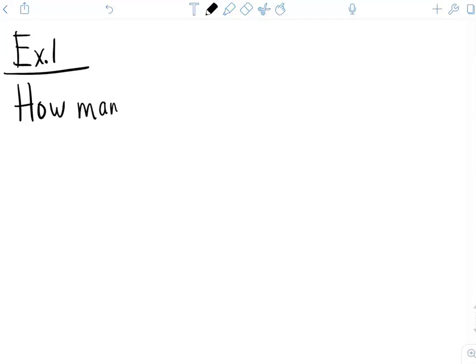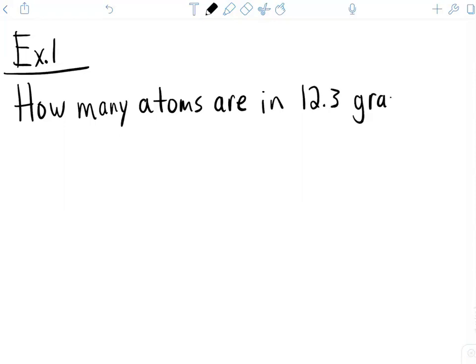So our first example is going to be how many atoms are in 12.3 grams of KF.